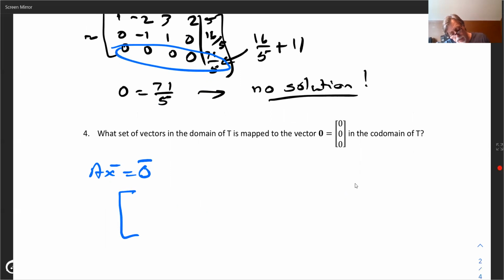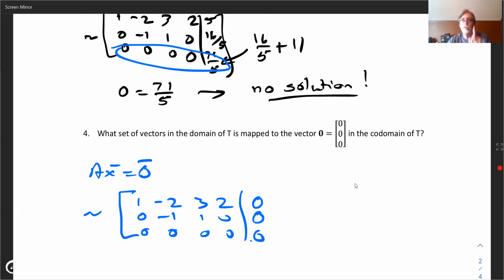We would get to 1, -2, 3, 2, 0, -1, 1, 0, 0, 0, 0, 0, and guess what's over here? 0, 0, 0. There's always a solution to 0. The 0 vector in the domain trivially maps to the 0 vector in the range.